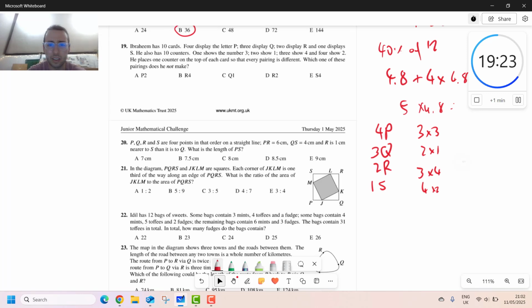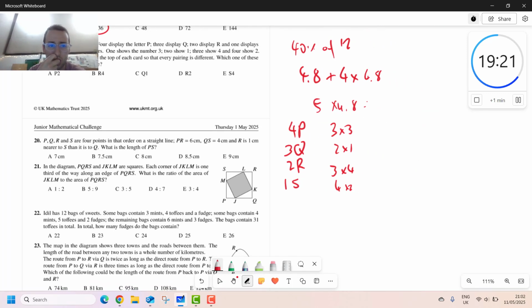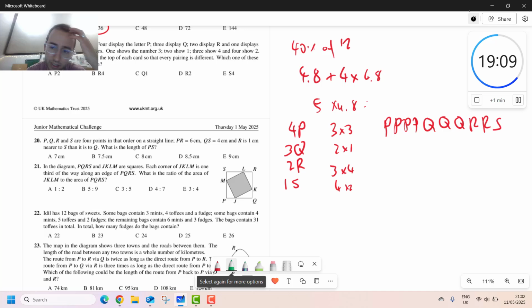So every pairing is different. Okay, so it's got P, P, P, P, Q, Q, Q, R, R, S. So each pairing is different.